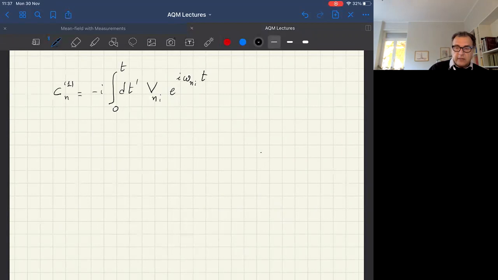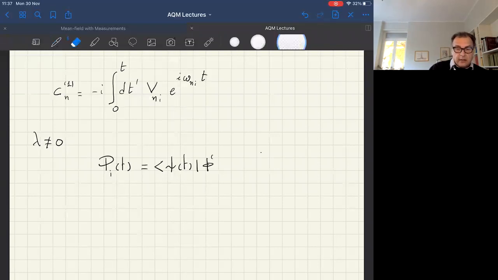Now for lambda different from 0, I want to know the probability, the same thing, okay? That is psi of t, phi, sorry. So let me write in a more complicated way.